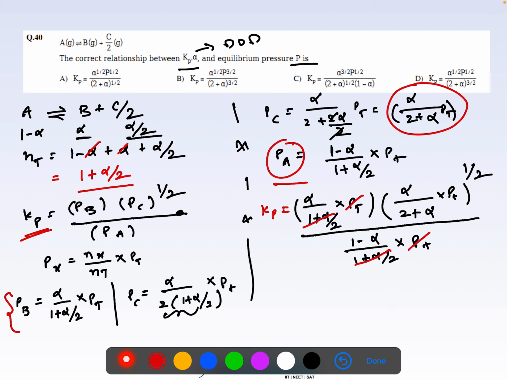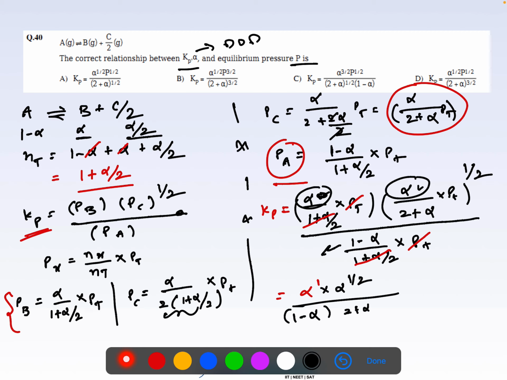So now we get to the final equation. Here alpha power 1, this is alpha power 1 and this is alpha power 1 by 2. Okay, so this is done. And here I have 1 minus alpha, this one, and 2 plus alpha.